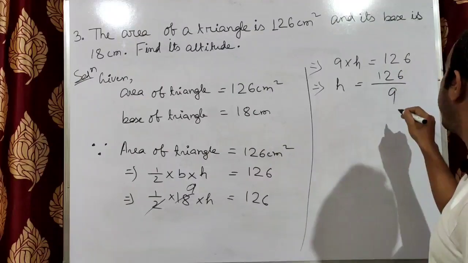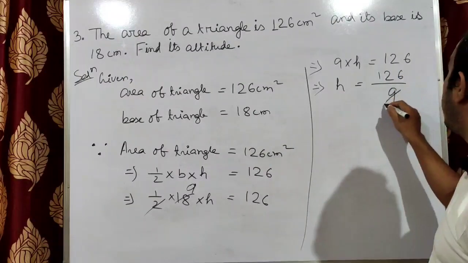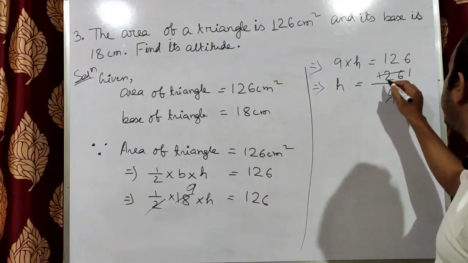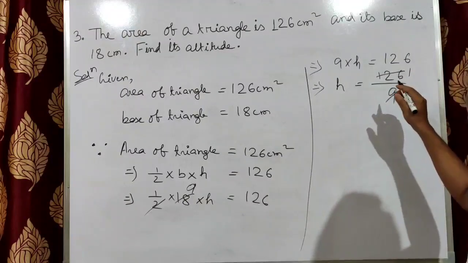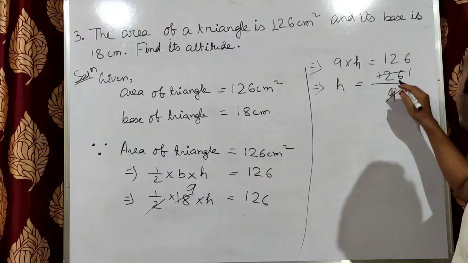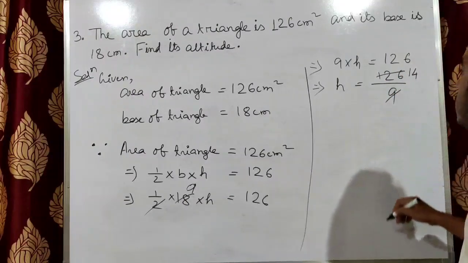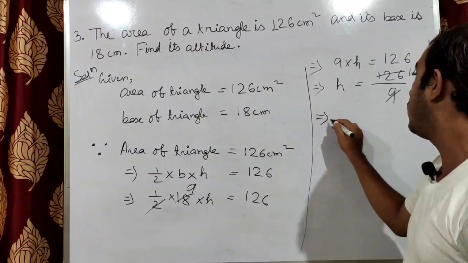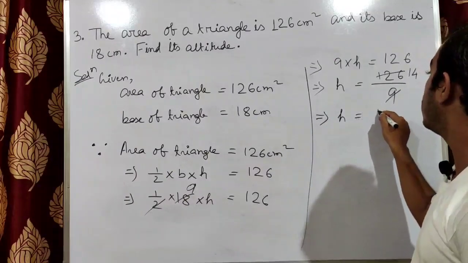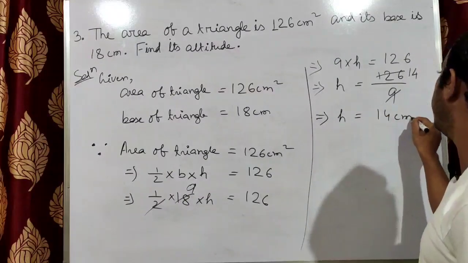126 divided by 9. So we will cancel: 9 into 1 is 9, then 11, 10, 11, 12, 3 left, 3, 6, 9 into 4 is 36. So we will write h equals 14 centimeter.